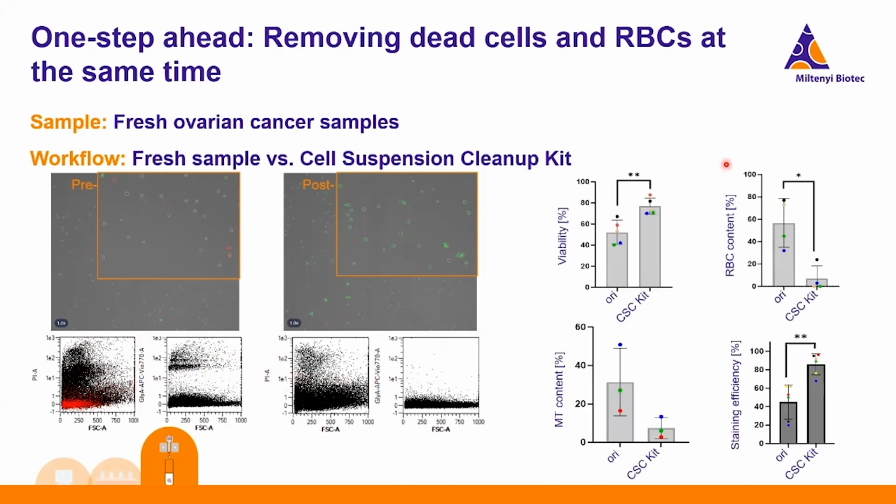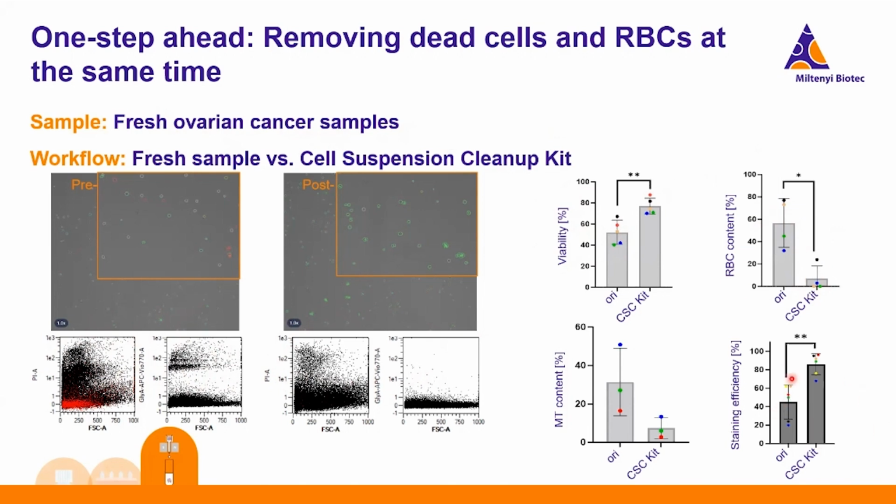And how does it look in numbers? With respect to viability, when we dissociated these fresh human ovarian cancer samples, we could increase the viability from, let's say, a bit more than 50% to almost 80% on average, while reducing the RBC content to a level of less than 10% on average.